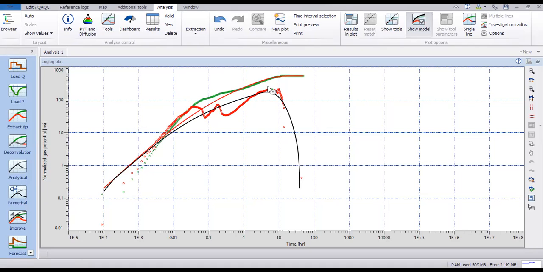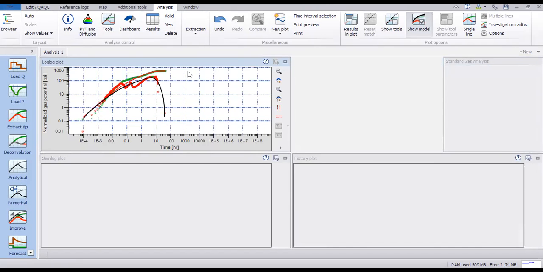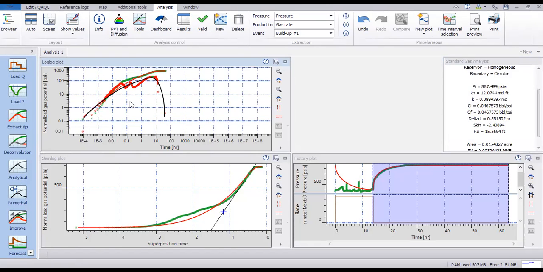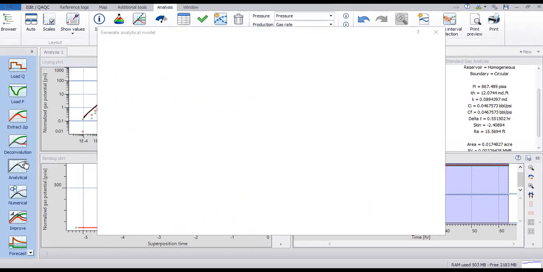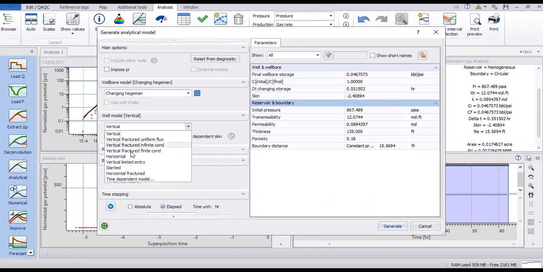And then all right, and then yep, pretty much okay. So by the way, let's try if we use limited entry.